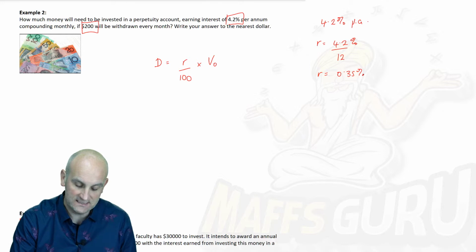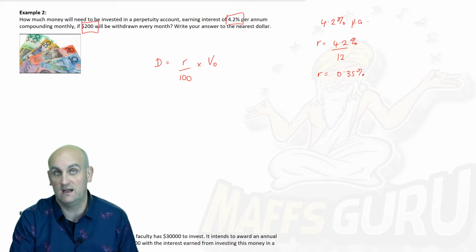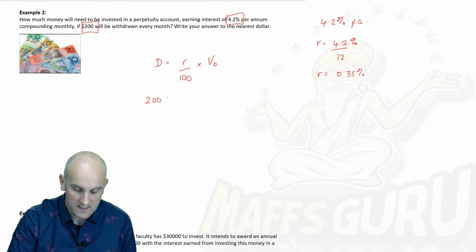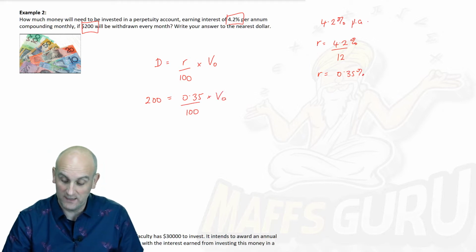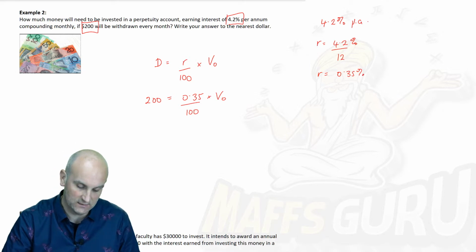So I now know that D, which is the money I'm going to take out, my interest, which is 200, is equal to my rate of 0.35 divided by 100 times V0. We don't know what V0 is, but we now have a way to be able to work it out. Thank you very much, CAS calculator.